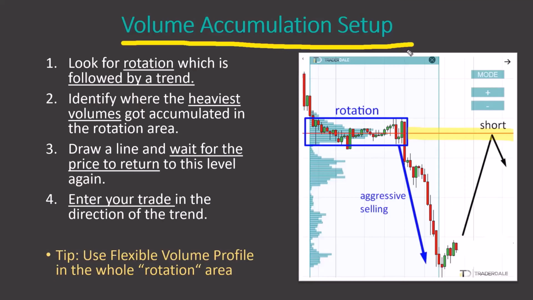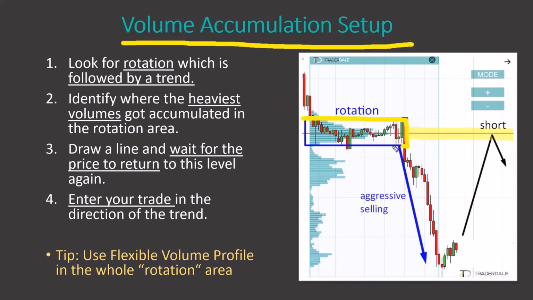This setup is based on the fact that big trading institutions need to place their orders in a rotation. The reason is that they control massive volumes, massive capital which they need to allocate in the market. And they can't do it when there's a trend, because they want to do it slowly and unnoticed.